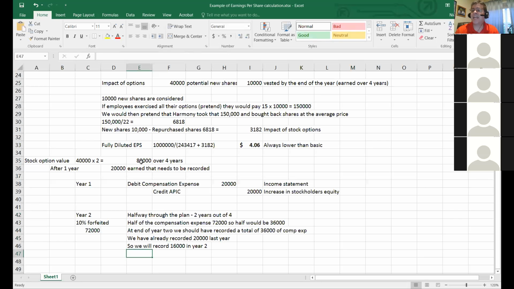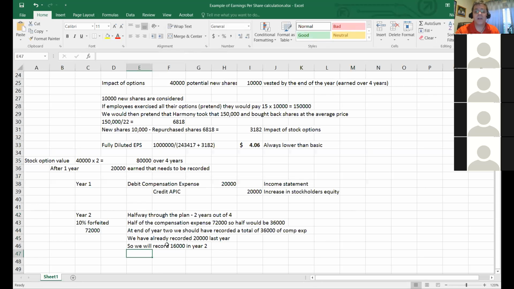Because it's not an error. It's just a difference in our estimate. We estimated when we started that everybody would stick around. Our estimate was wrong. But we don't go back and change year 1's compensation expense.